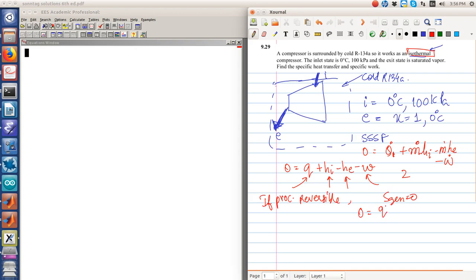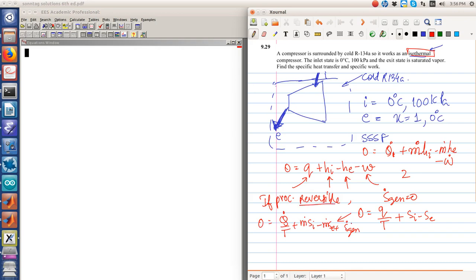0 equals Q by T plus s_i minus s_e. I have already divided everything by m dot. The genesis of this is 0 equals Q dot by T plus m dot s_i minus m dot s_e plus S dot gen equals 0.